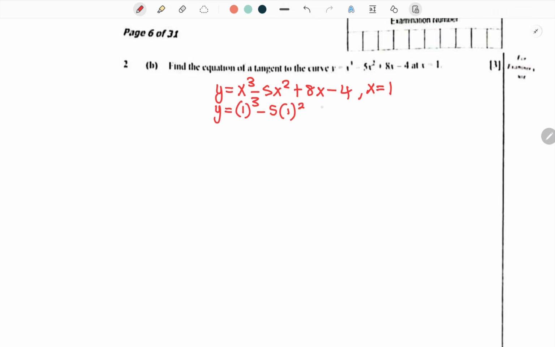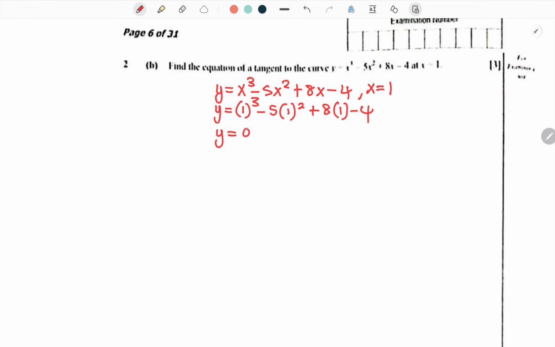I'll do the same thing here, and then I see what I'm going to get. So if I punch this on the calculator, let's see what we are going to get.